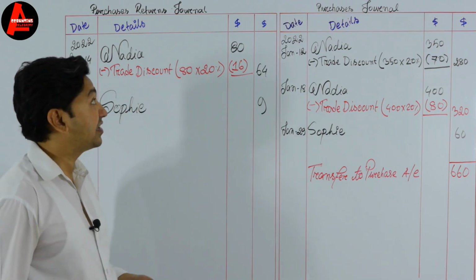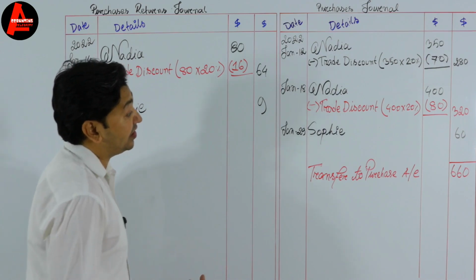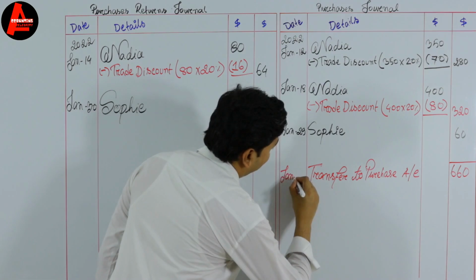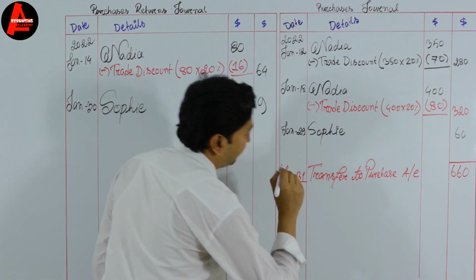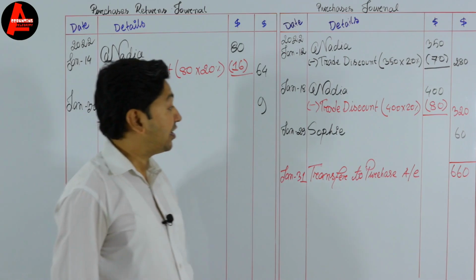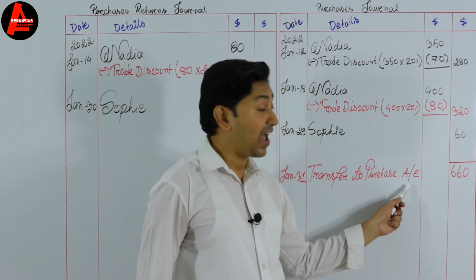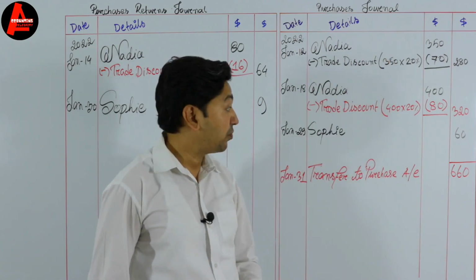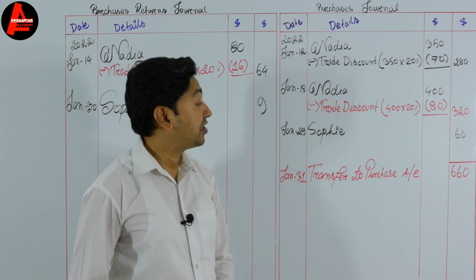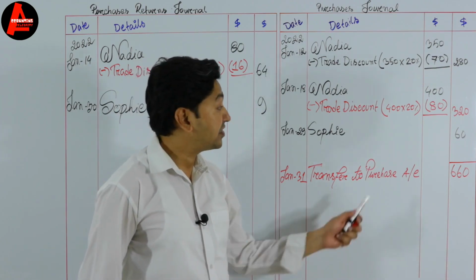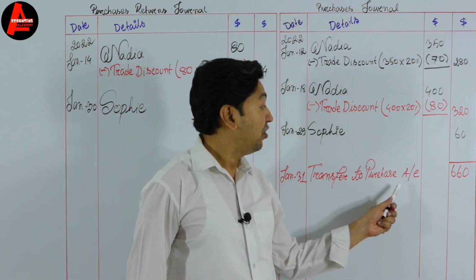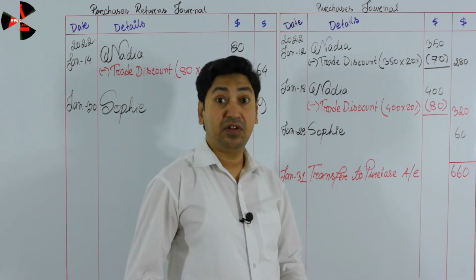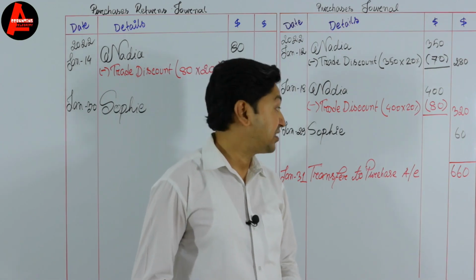Here it is the month of January, so the last day of this month is January 31st, right? So let us write the date January 31st. A point to be noted: we wrote here transfer to purchase account. We did not write transfer to purchase journal or purchase book. The purchase book or journal is completely different. The purchase account is a nominal account. We will take it to the purchase account, the purchase ledger, to calculate the total expense for purchases.